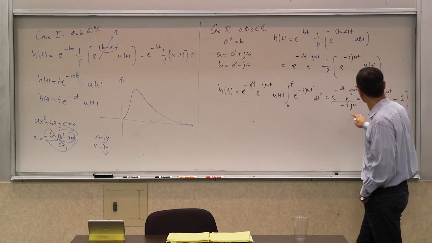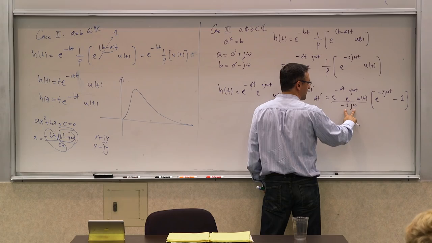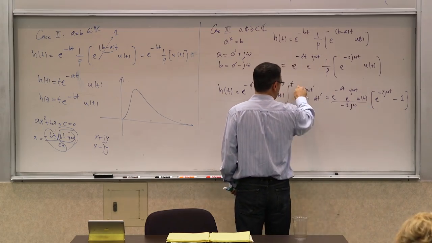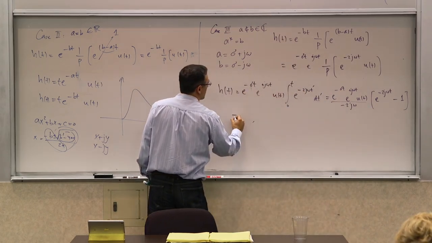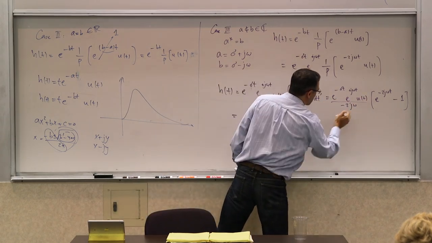This comes out of integration, this denominator, and this is basically evaluated at the two limits. So what do I get? I multiply this thing out.